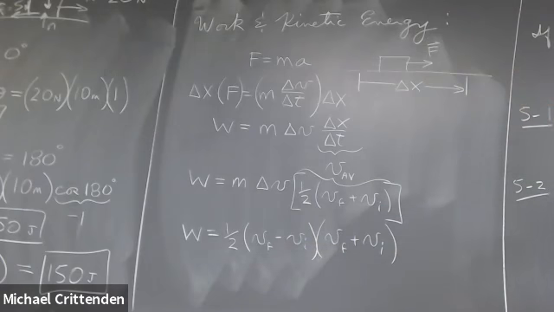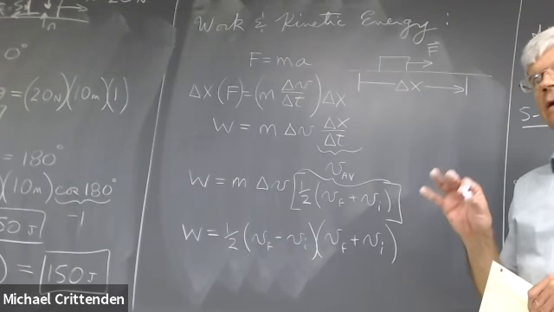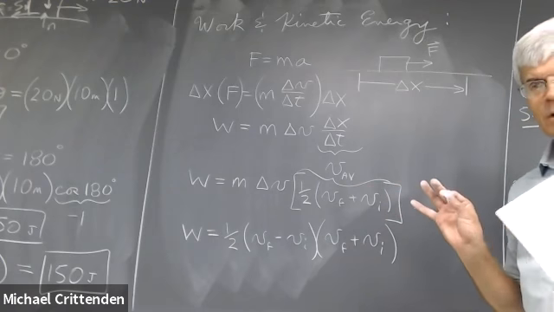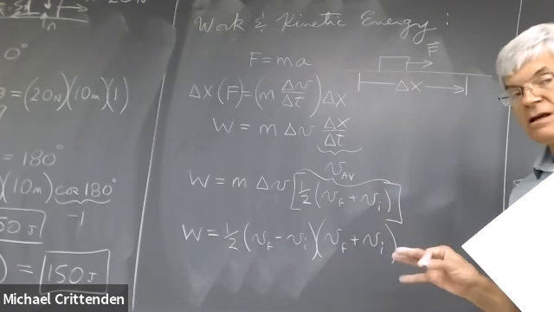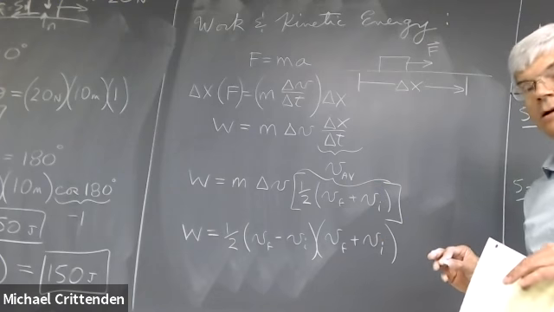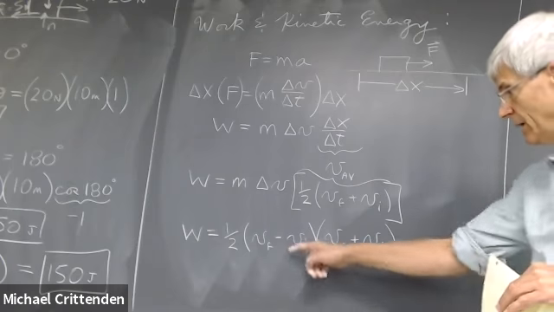And then hopefully you remember how to factor the difference between two squares. From algebra class, if you've got a squared minus b squared, that's equal to the quantity a minus b times the quantity a plus b. If you don't remember that, I just told you. It's exactly what we have here.